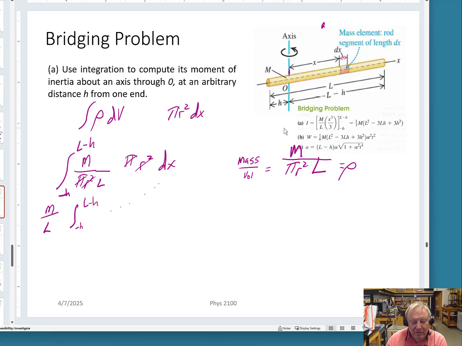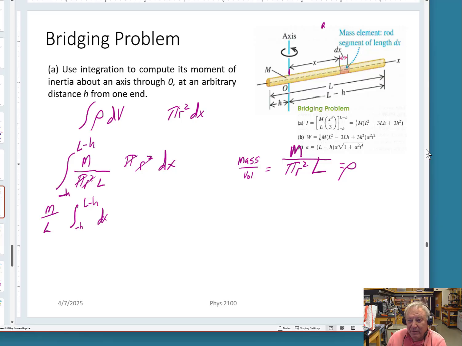Rho times the pi r squared times dx, and then kilograms per... So dx, okay, what am I doing?